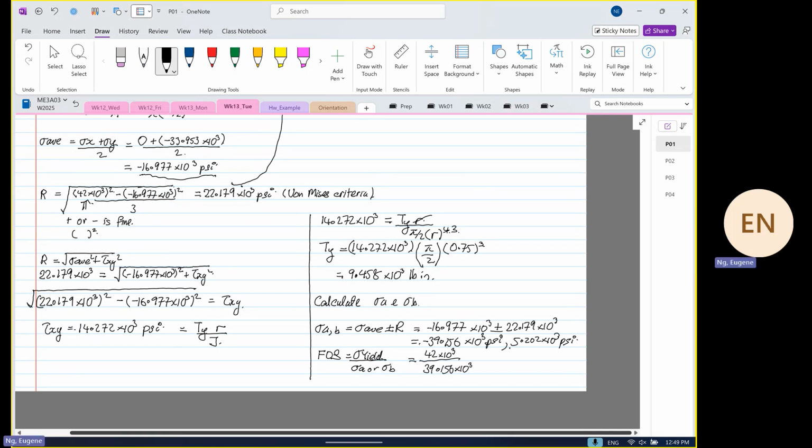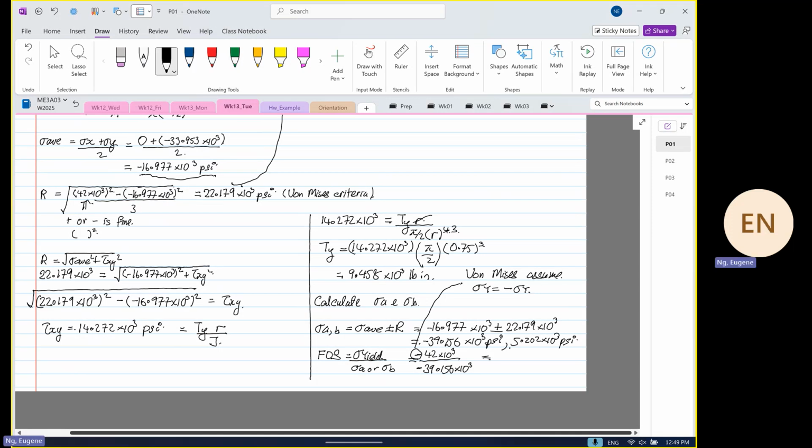I get rid of the sign because if you want to put negative here, you also have to put negative up here. We are fine with that. Why can this also be negative? Because von Mises assumes that stress yield in tension is equal to stress yield in compression also.